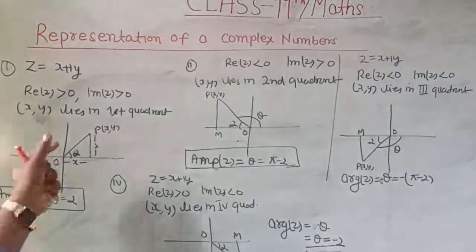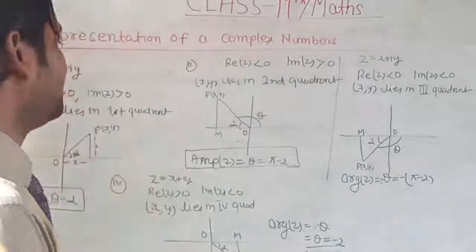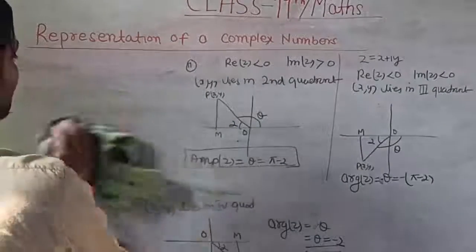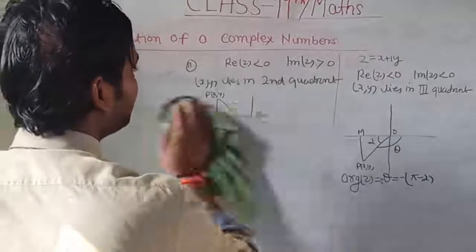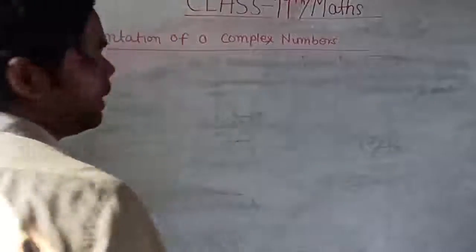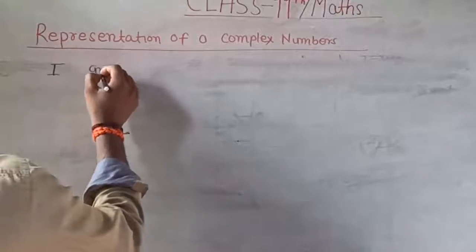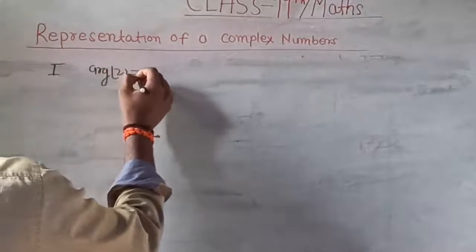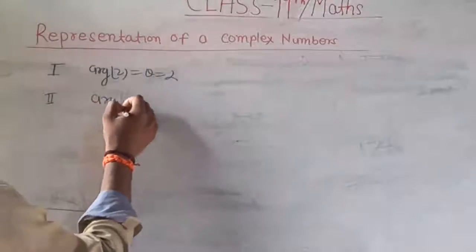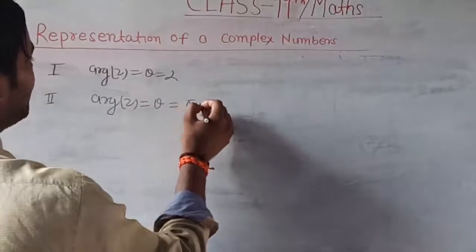These things should be remembered. If the complex number lies in the first quadrant, the argument theta equals alpha. In the second quadrant, the argument theta equals pi minus alpha.